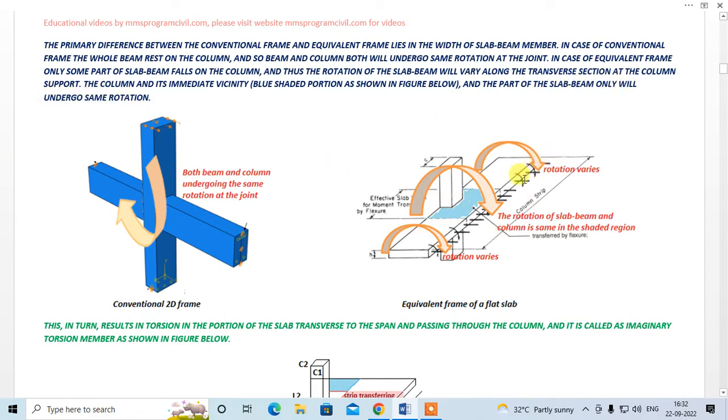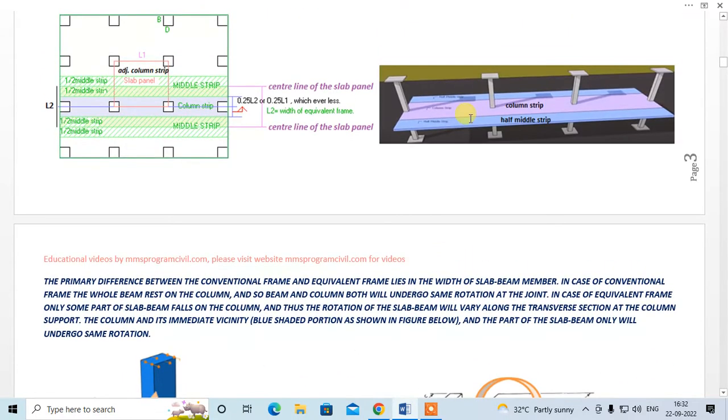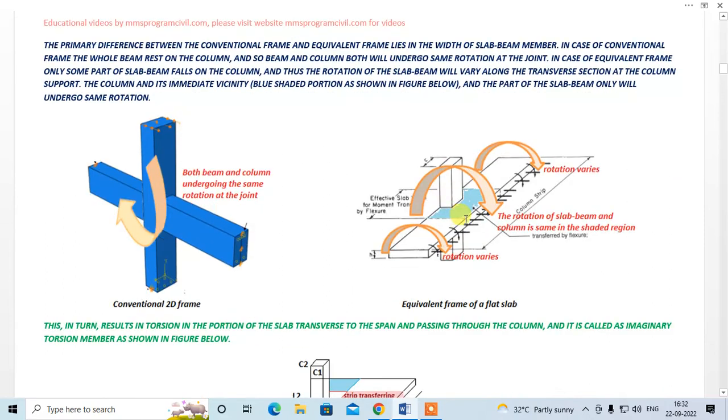So this is the width of our slab beam member. This is our slab beam member, right? So only a part of the slab beam member falls on the column, right? So some portion in the immediate vicinity of the column, that is shown in this blue shaded portion, and the column will undergo the same rotation, right?